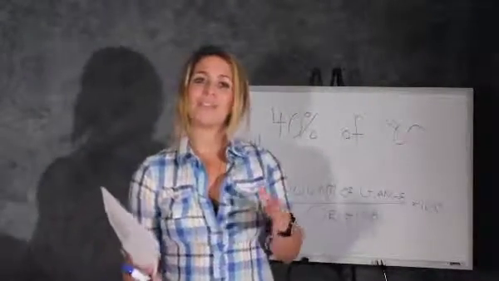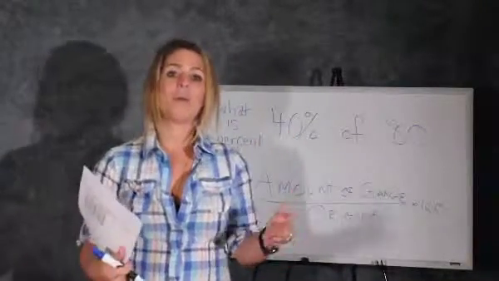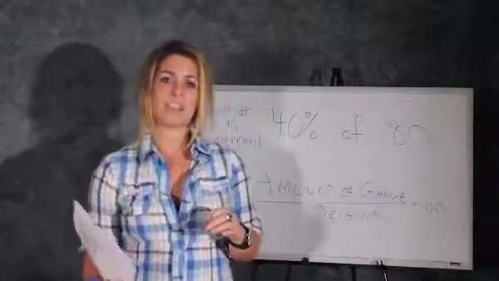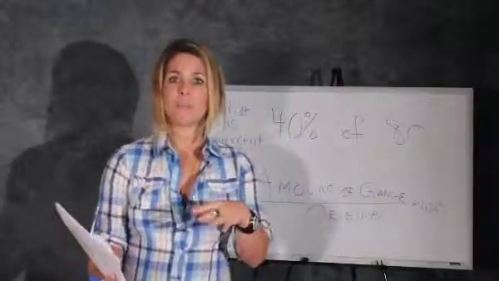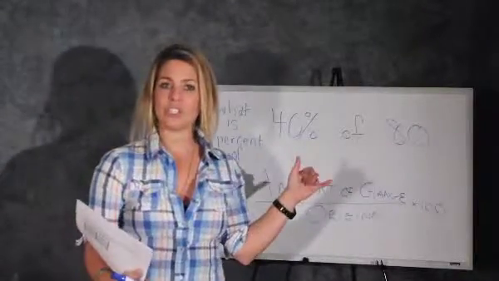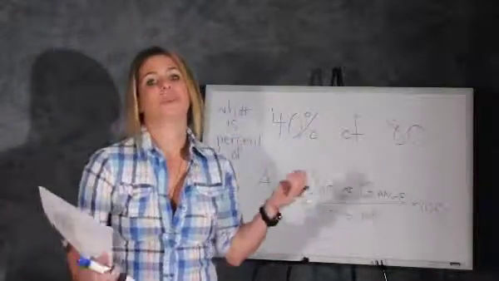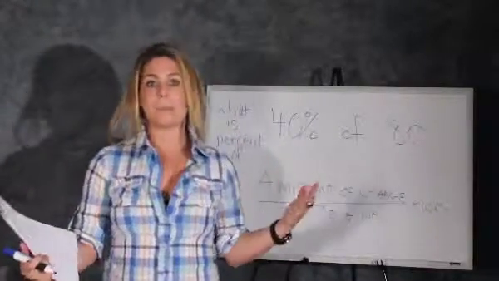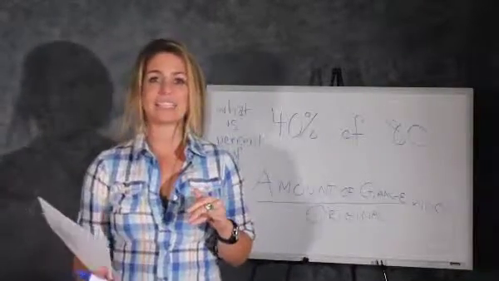I know a lot of you have learned the whole is over of equals percent over 100 method, but when you get to really complicated questions, that is not your friend. So if you love that method and you're married to it, you can totally use that on the easy questions, but percent translation is going to be your best friend, maybe your spouse, on the really tricky questions later on in the test.